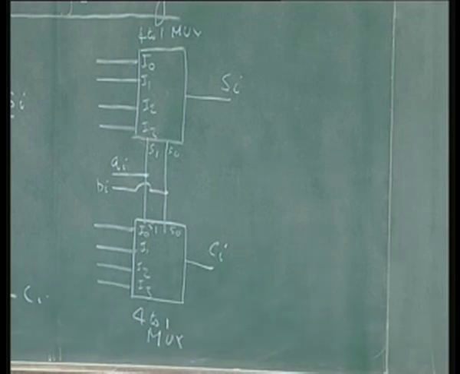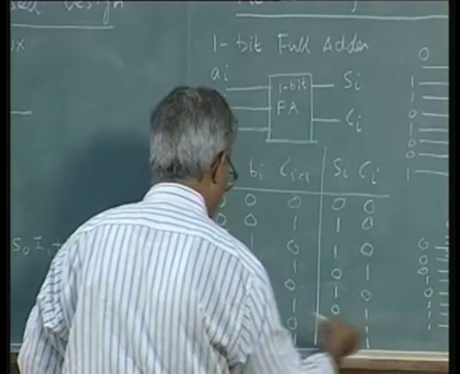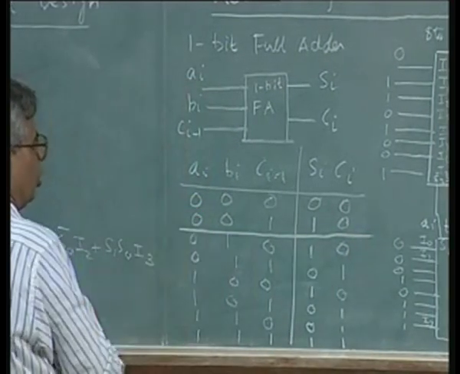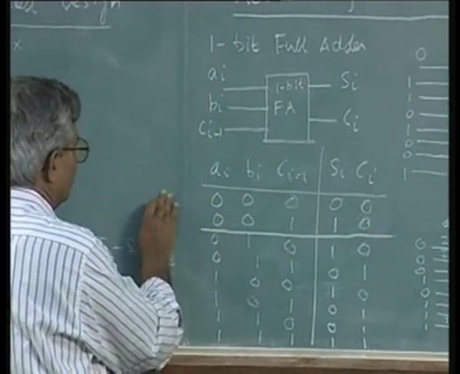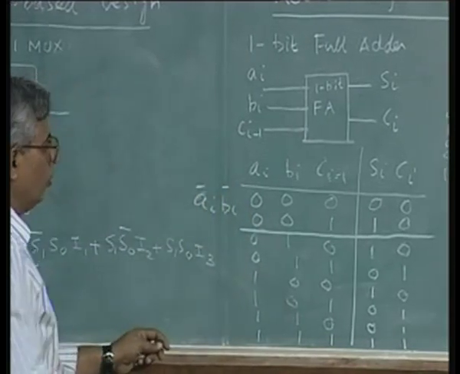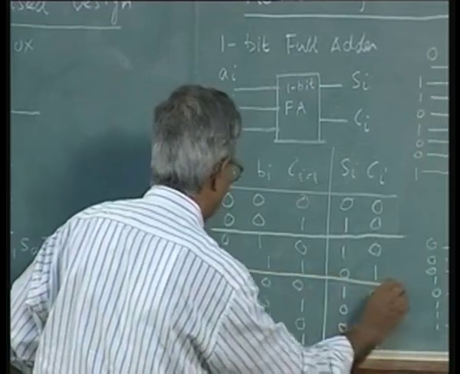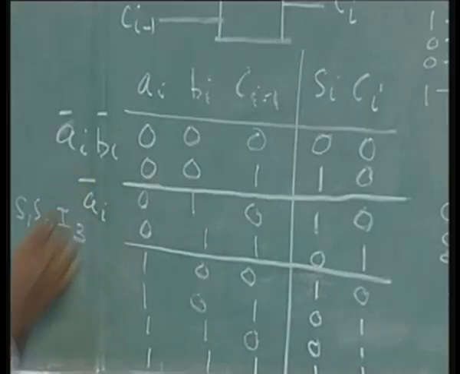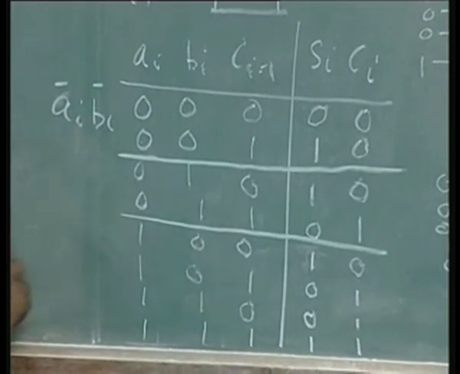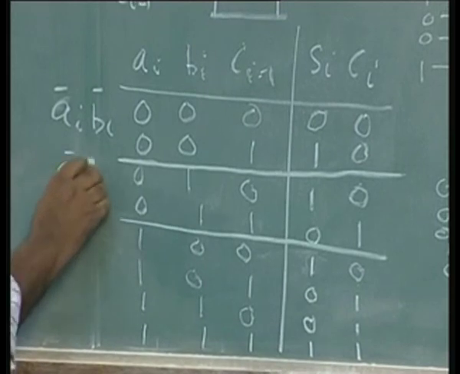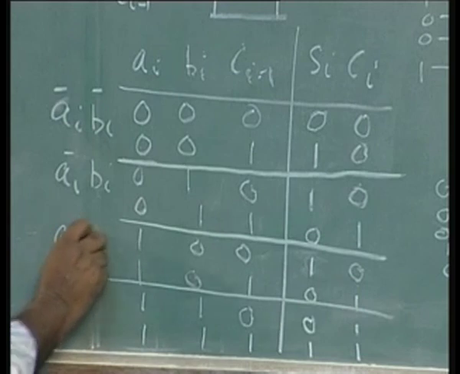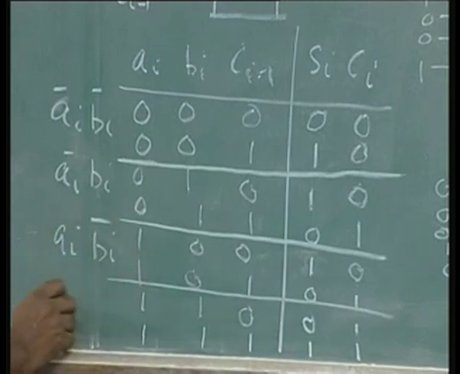This will become Ai, Bi both 0, 0. Then the next combination, the third combination, and the fourth combination.